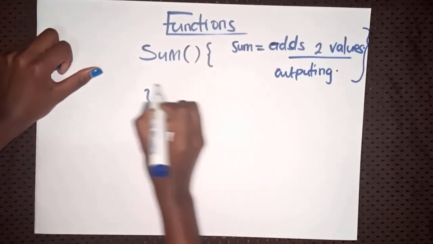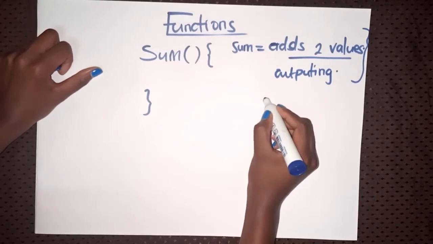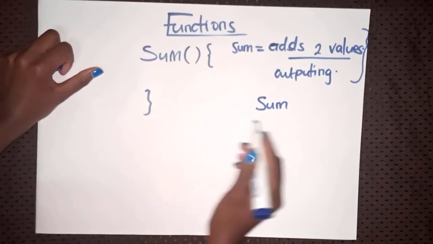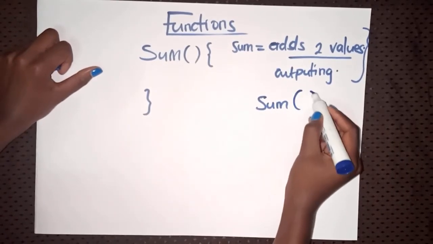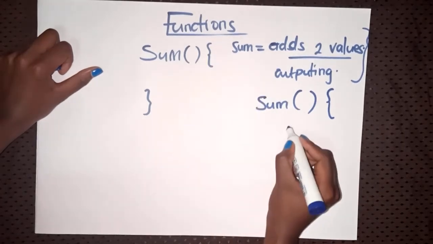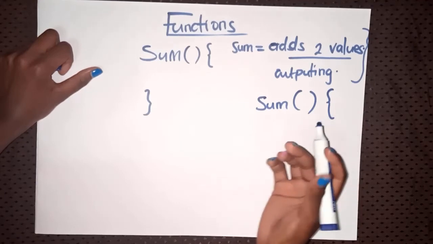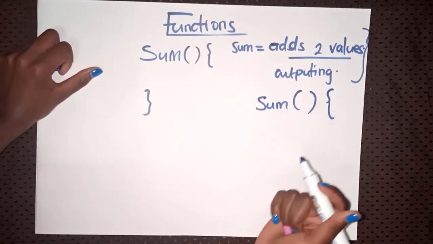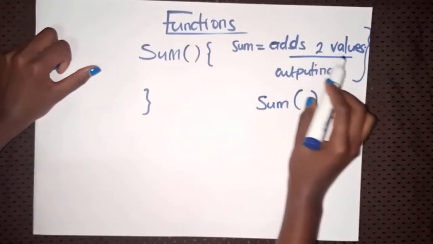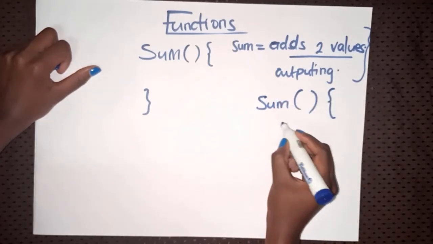So now for sum we have the name, and this can be small. Inside, we say we want to add two values. Before we add them, we need to declare them. In most programming languages you will have to declare. Declaring means you say you have two values, so let's bring them in.